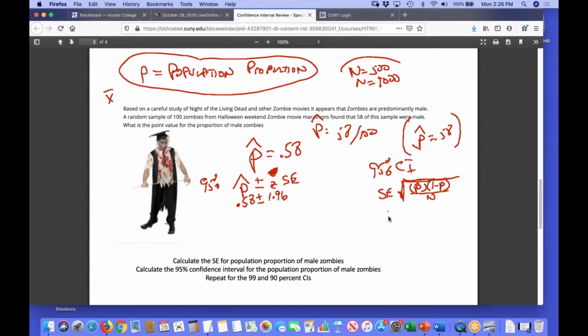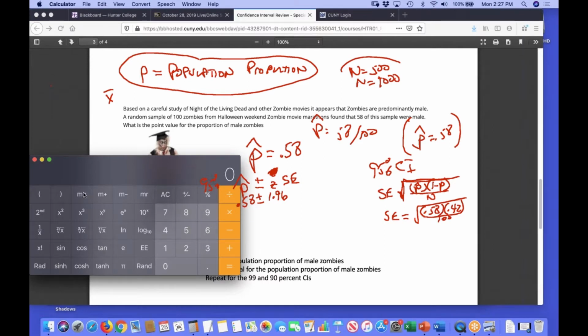So in this case, it's going to be the square root of 0.58 times 1 minus P cap, which is 0.42, over the sample size, which is 100. I stuck with a small sample size. In real life, you would probably be working with larger sample sizes to have somewhat more confidence. Okay, so let's do that for our standard error.